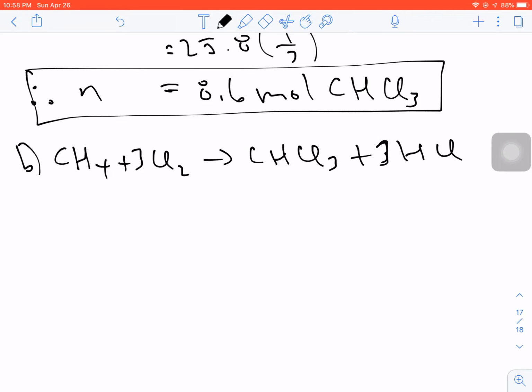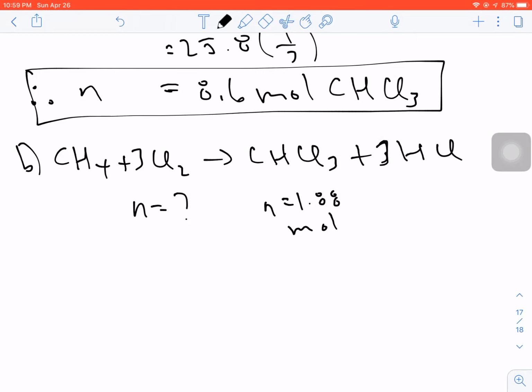Now, in the second part of this question, it says, if 1.88 moles of chloroform is produced, how much chlorine did I need? So, I'm told that I'm going to make 1.88 moles of chloroform, and the question is, how many moles of chlorine did I use?